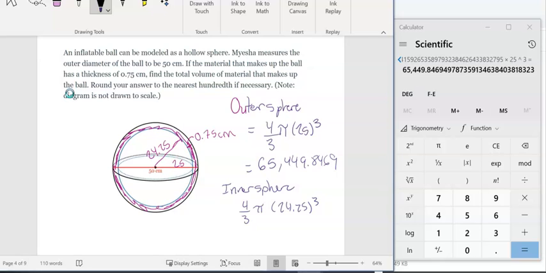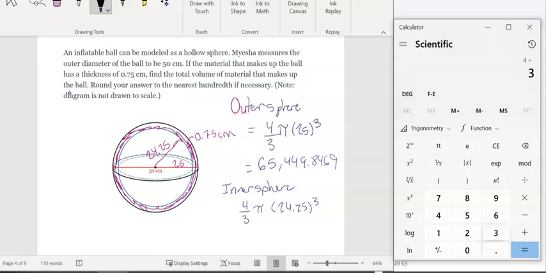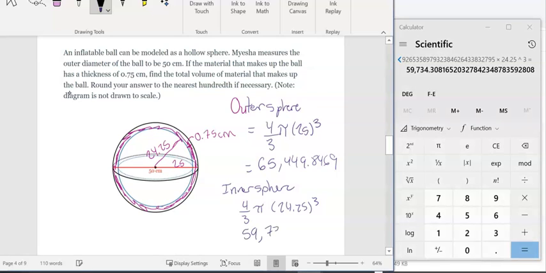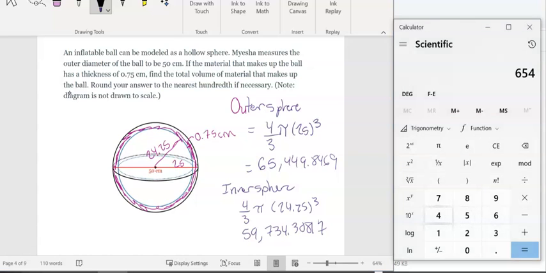So 4 divide 3 times pi times 24.25 to the third power is 59,734.17. So now we just have to subtract those two numbers. 65,449.69 subtract 59,734.17.